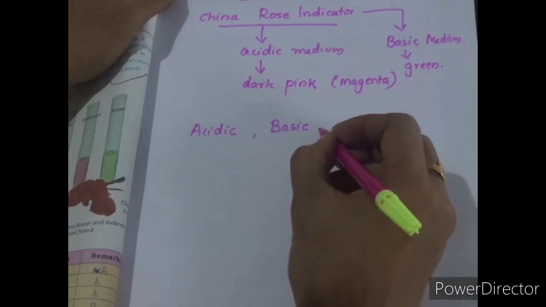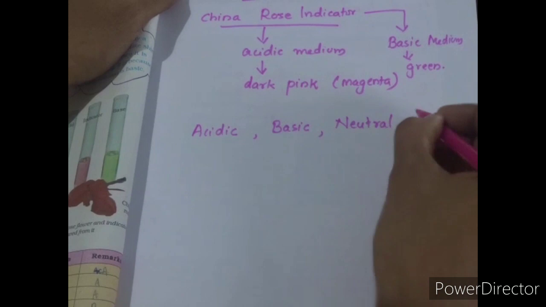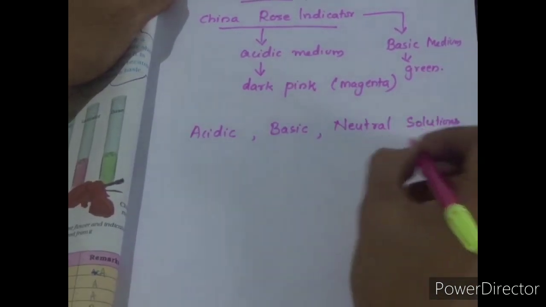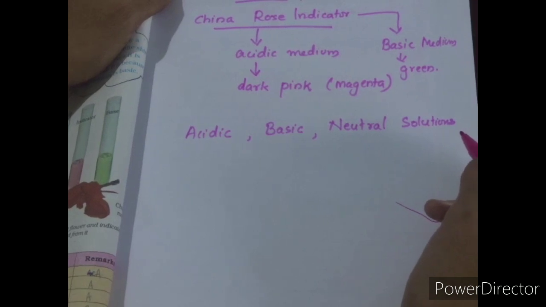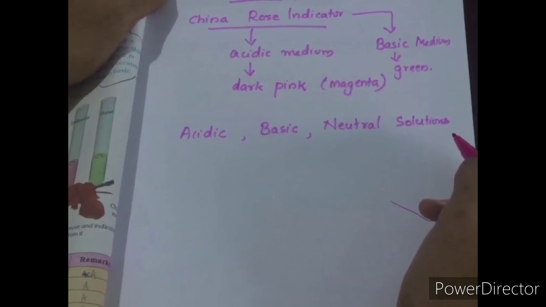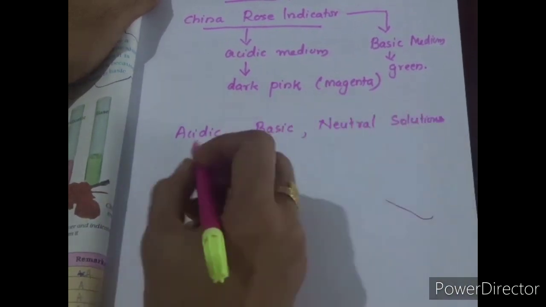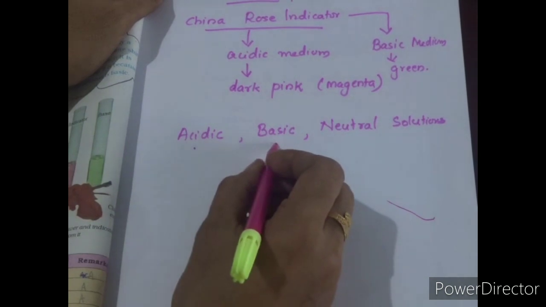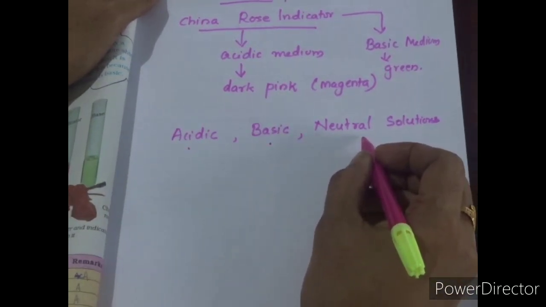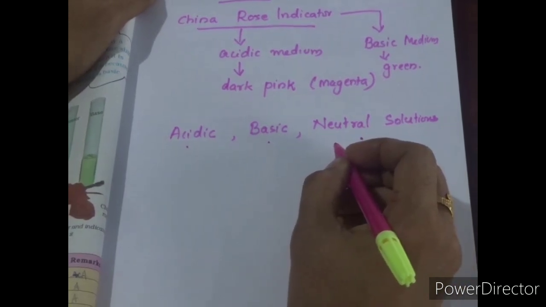They are called neutral solutions, which means they do not show any kind of color change in any kind of indicator. So, in general, solutions are of three types: acidic solution, basic solution, and neutral solution. To understand the properties of these solutions, we can use indicators.